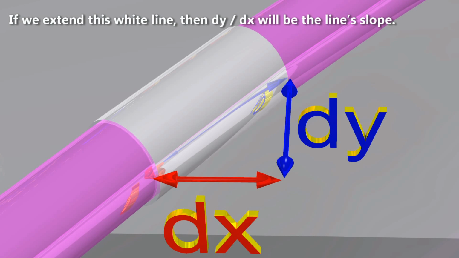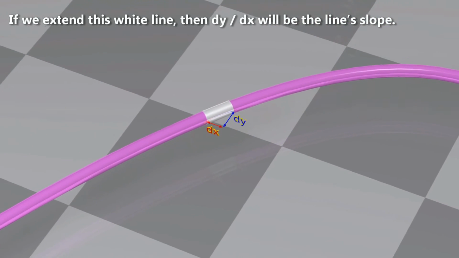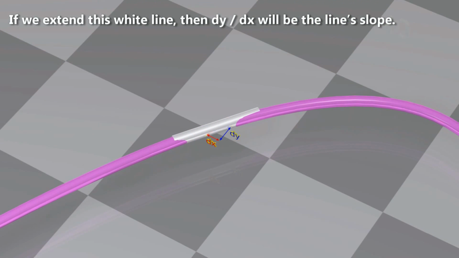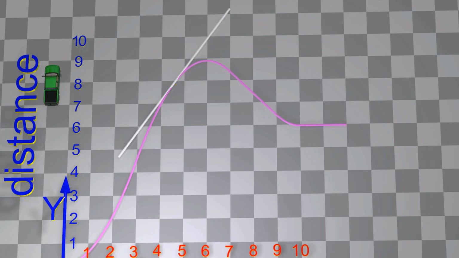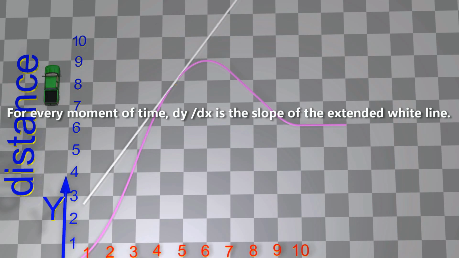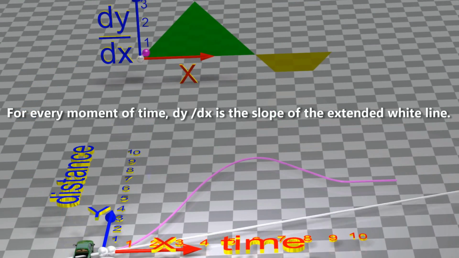If we extend this white line, then dy divided by dx will be the line's slope. For every moment of time, dy divided by dx is the slope of the extended white line.